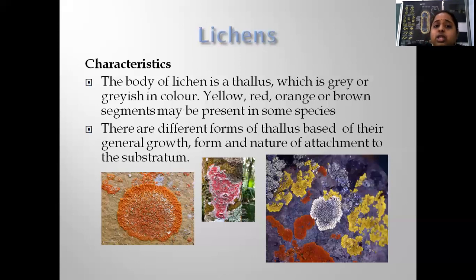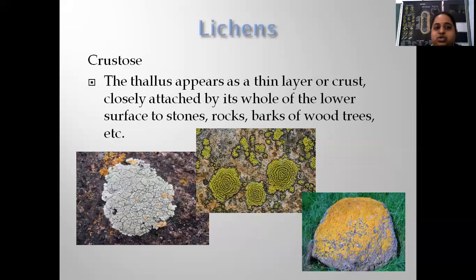Okay, so there are different forms of thallus based on their growth form and nature of attachment to the substratum. Depending on how they grow, and on their morphological characteristics, there are different types of lichens. The first type of lichen is crustose. The picture you can see here is of crustose.